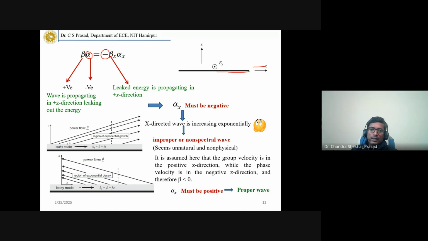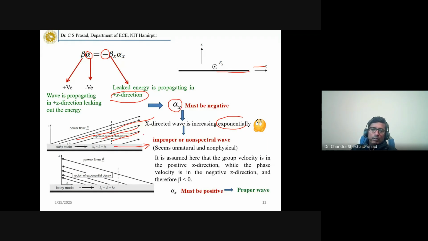So energy will be leaked in the positive x direction. The representation of this you can see from here: some wave is traveling in this direction, and some leakage is going outside. So if alpha x is negative, that means the x-directed wave is increasing exponentially, right?